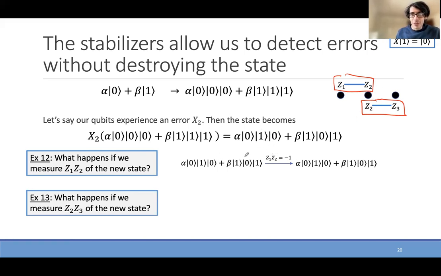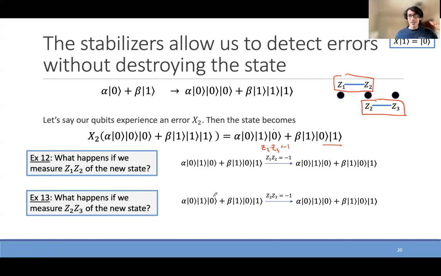And so if we look at this times this, that's Z2 times Z3 equals -1, and similarly here. We don't change the state. Both of these have Z2, Z3 to be -1, but we get a signal. We say, aha, Z2, Z3 equals -1. So the stabilizers tell us there must have been an error.